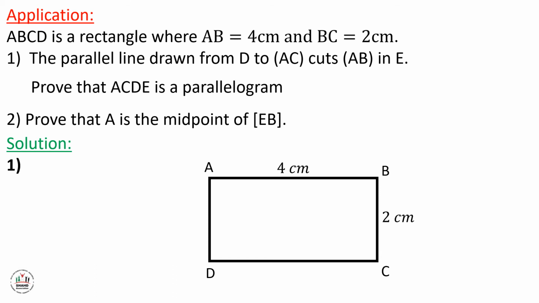Now we want to draw a parallel line to AC starting from point D. In the first part, it said that the parallel line drawn from D to AC.